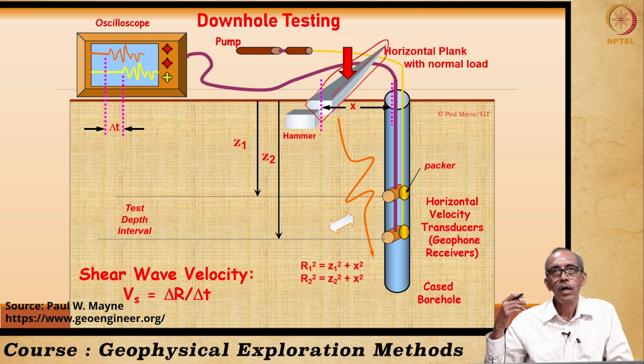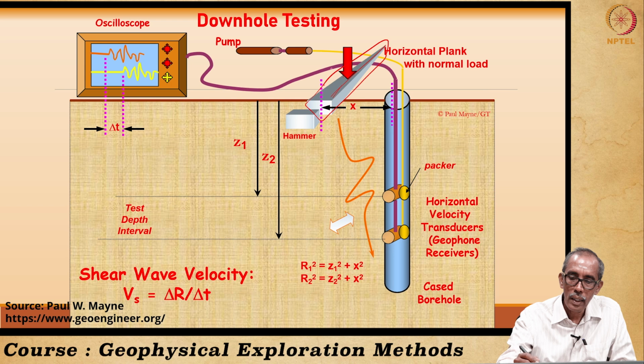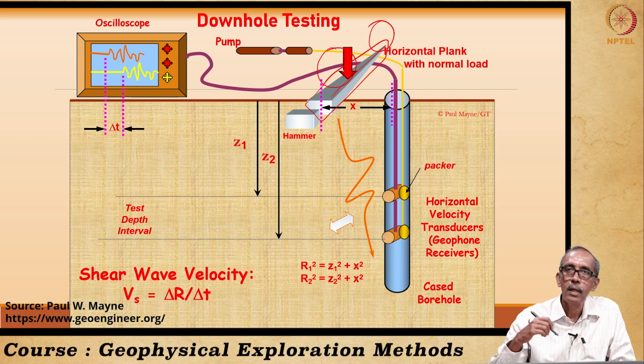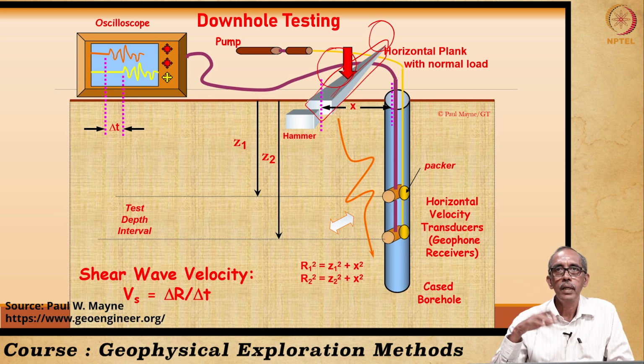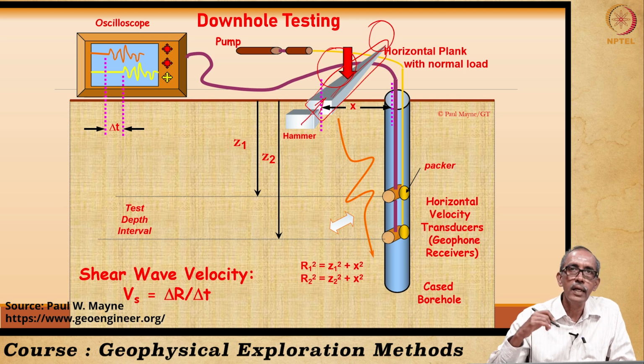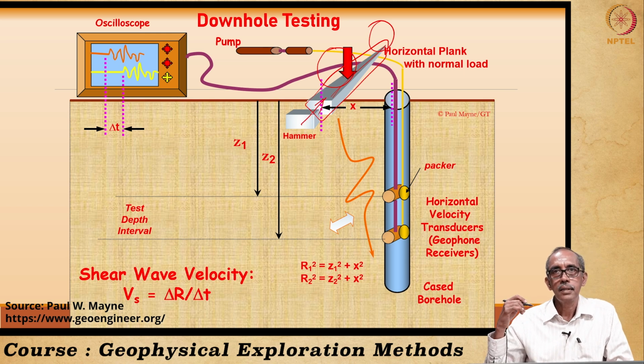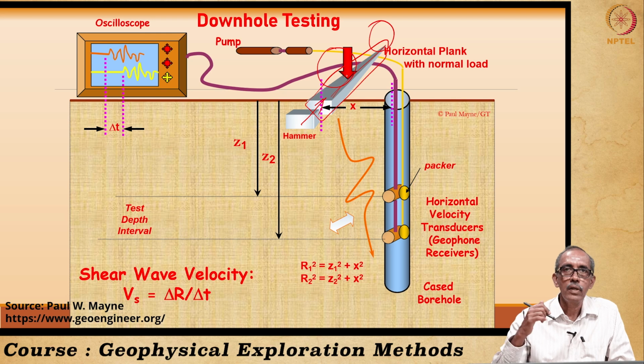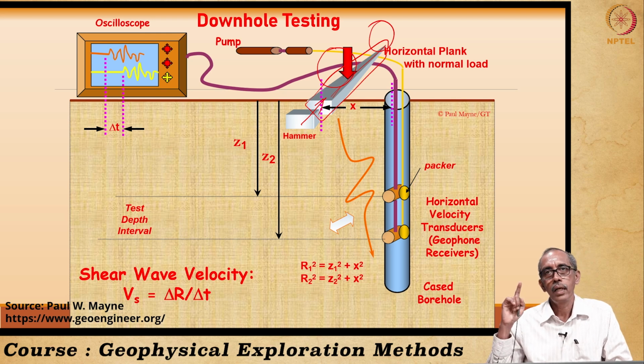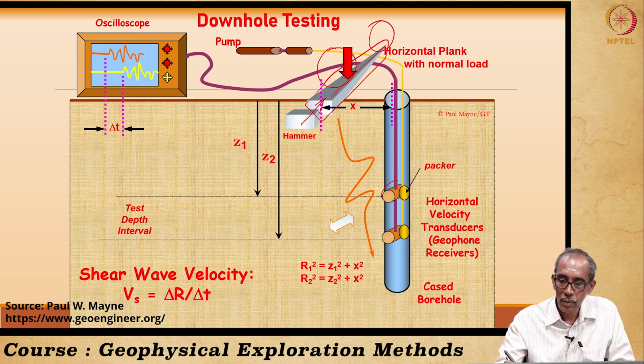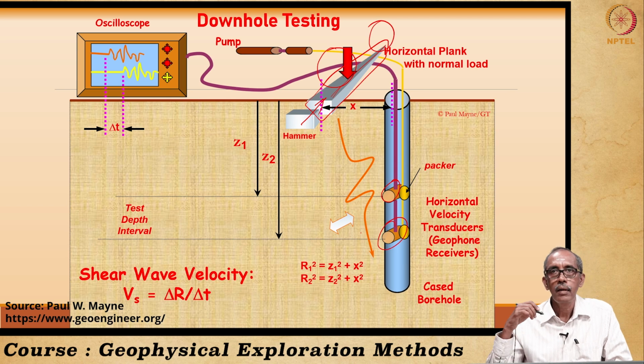Even sometimes the automobile which we use can be used; the car can be kept over this, the tire of the car can be over this bar, so that this bar is firmly touching the ground. Then we can give a blow from the side. This generates energy, right. That means we are having only one borehole now, but the geophones are kept inside the borehole, right. Now we have a 2 geophone system.